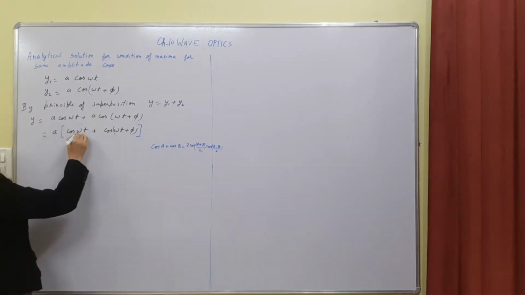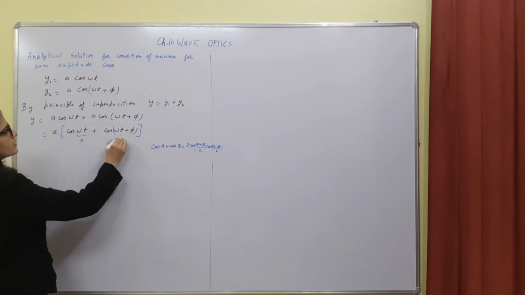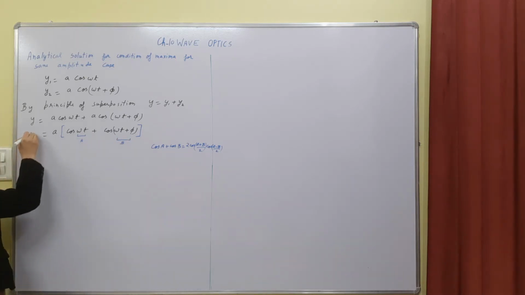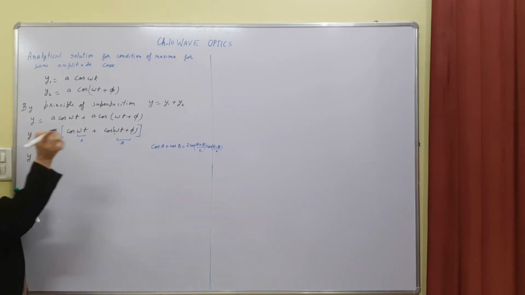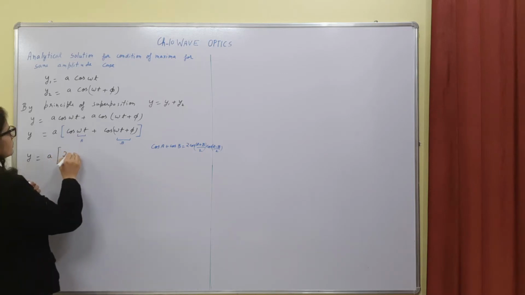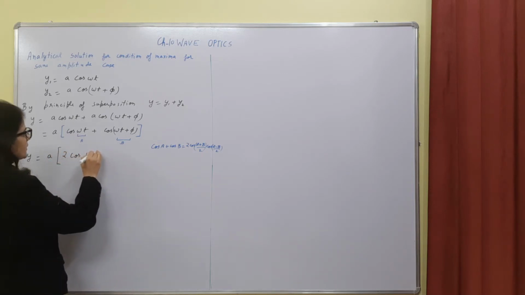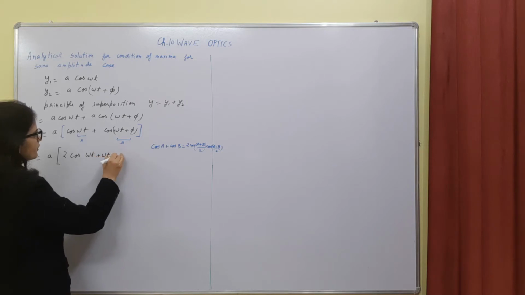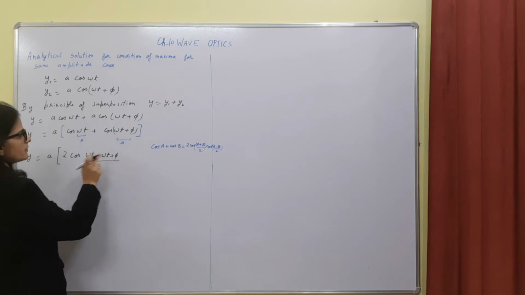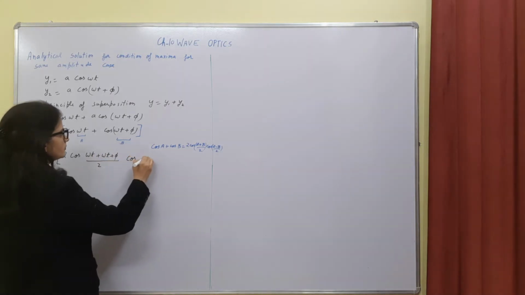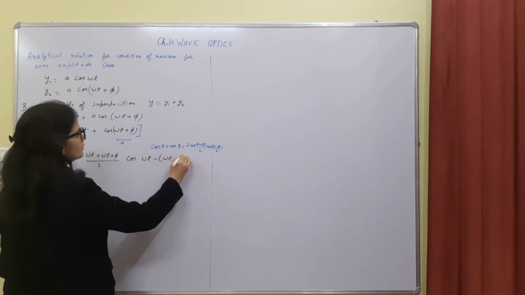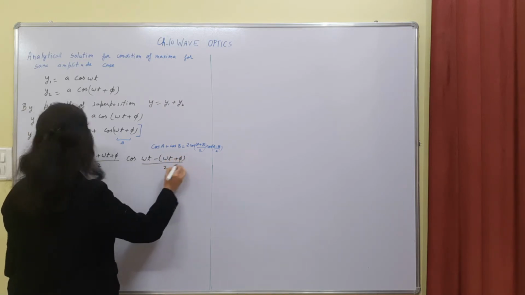Let's consider this as A and this part as B. So how will we write? Y is equal to A as it is, 2 cos (omega t plus phi), this is (A plus B) upon 2, cos (A minus B) upon 2.